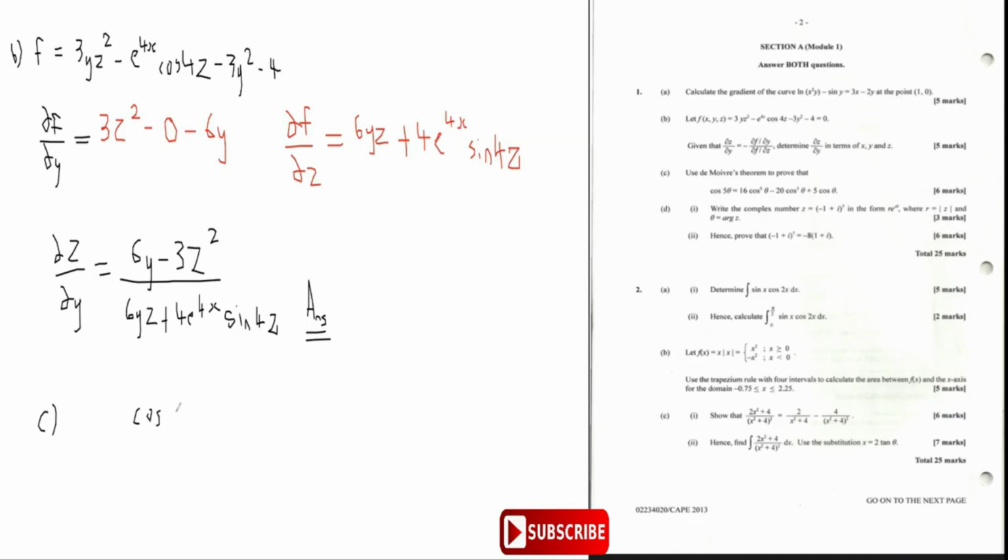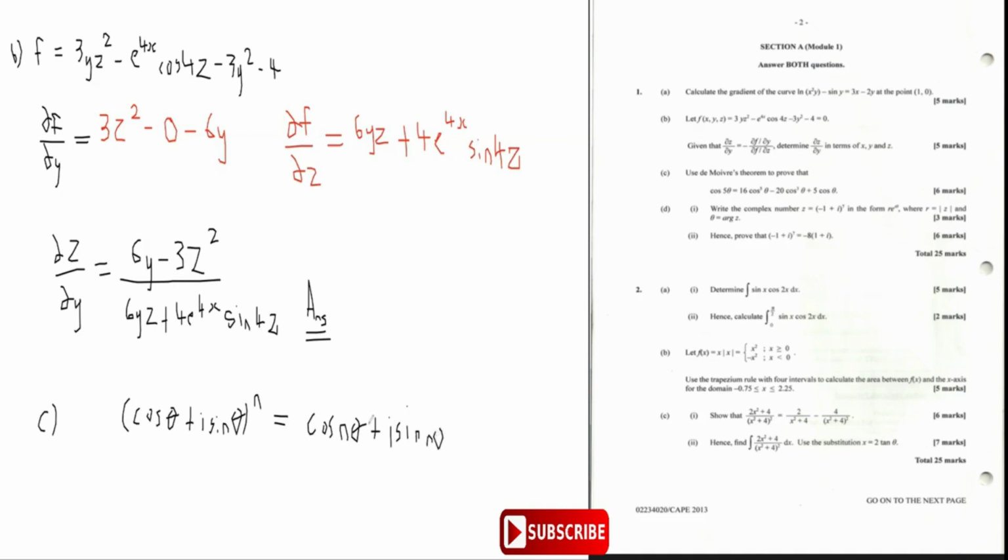The Marvelous Theorem says that cos theta plus i sine theta raised to the nth power is equal to cos n theta plus i sine n theta. We're going to use this theorem to prove this question.